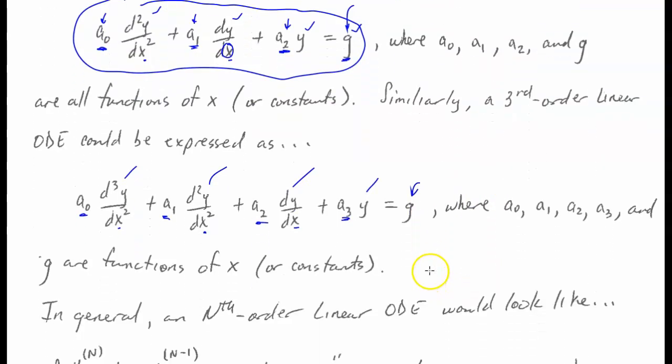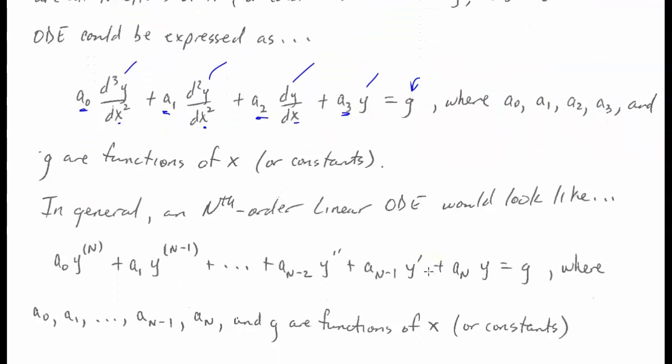Now, of course, in general, this is what your nth order linear ODE looks like. You have the nth derivative, the (n minus 1)th derivative, all the way down to no derivative. And of course, you've got your function g on this side here. So that is what nth order linear ODEs look like in general.